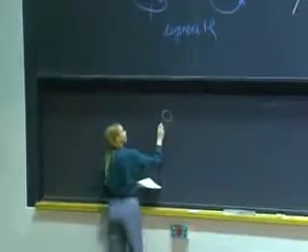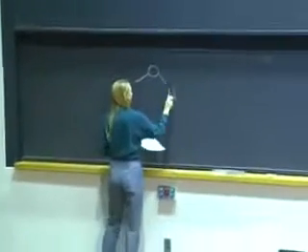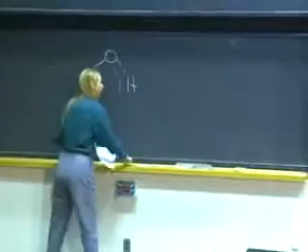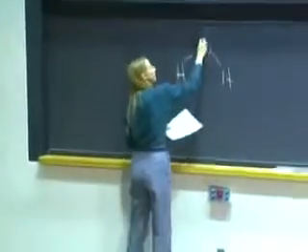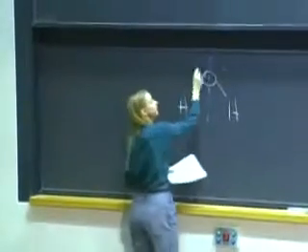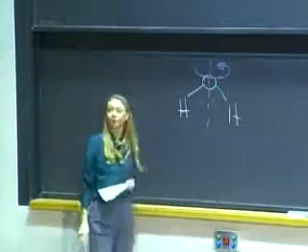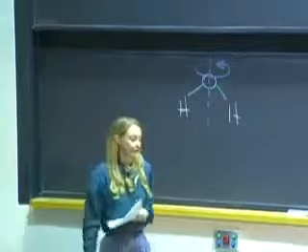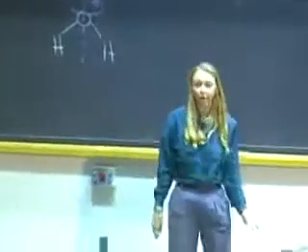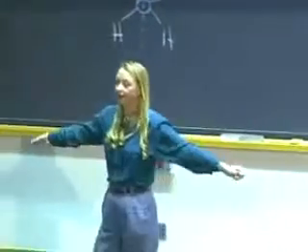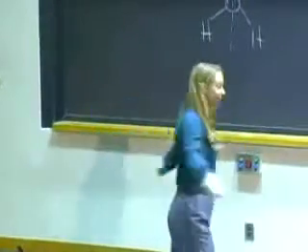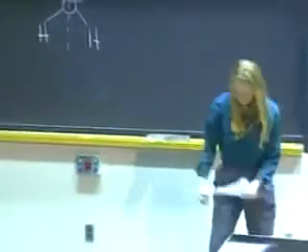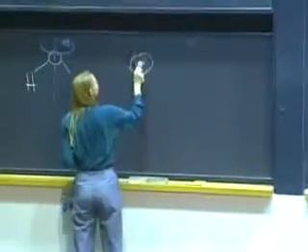So here's our water molecule. One of those rotations is a rotation around an axis in the plane of the board. So that's one rotational mode. If I'm the oxygen and my hands are the hydrogen, this is a rotational mode. You got that?